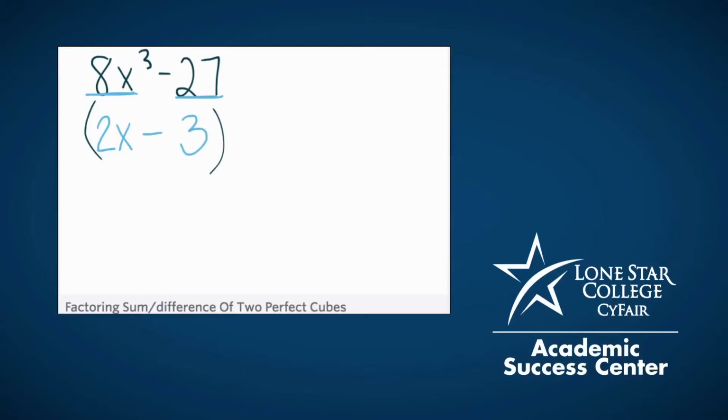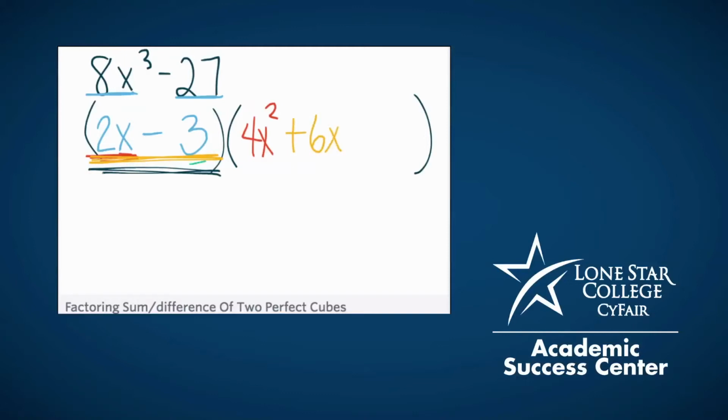Once you have your first factor, the second factor, which is the trinomial, comes from the first one. So what we do is square the first term. 2 squared is 4. x squared is x squared. Multiply both terms and change the sign. We get plus 6x. And now square the last term, which is plus 9. And this one is, again, completely factored.